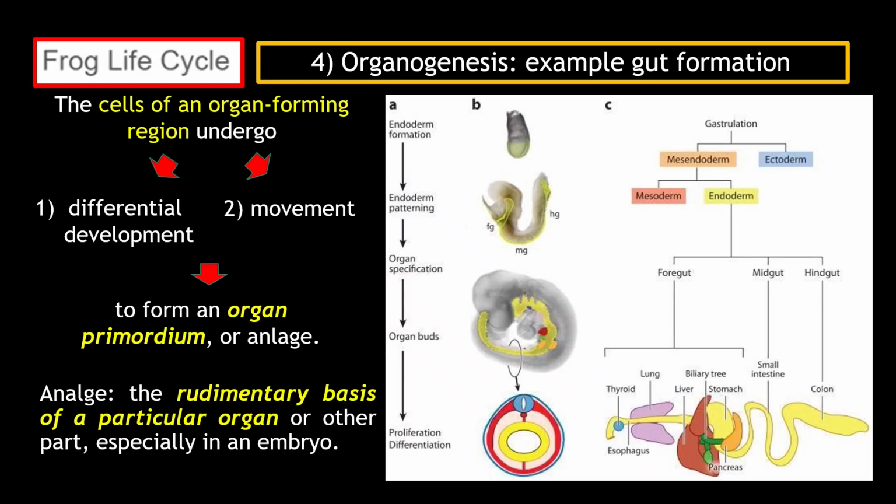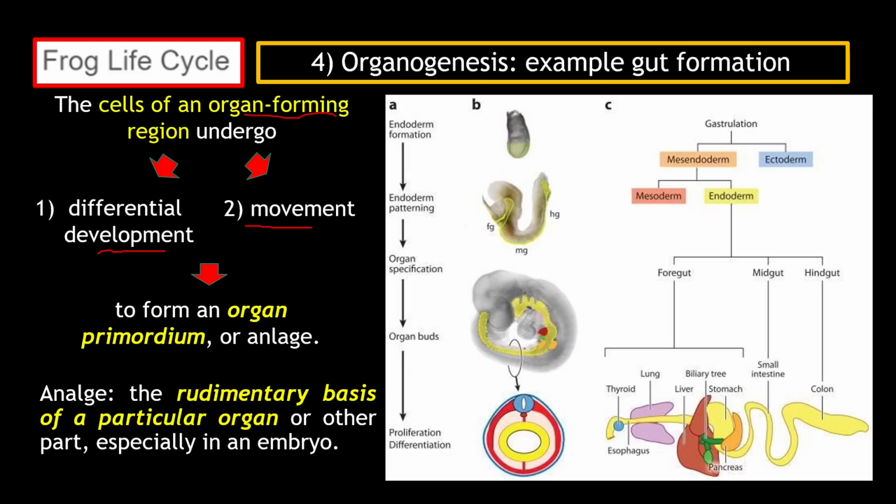So for the organs to form during the semester, I'm going to show you that there will be a lot of differential development, and how this differential development will happen, because there will be different genetic signals and different mechanisms that will produce different movements. Remember all the movements that I told you?